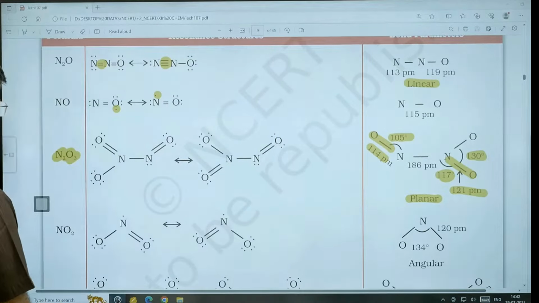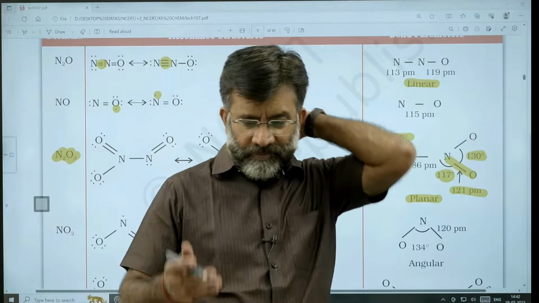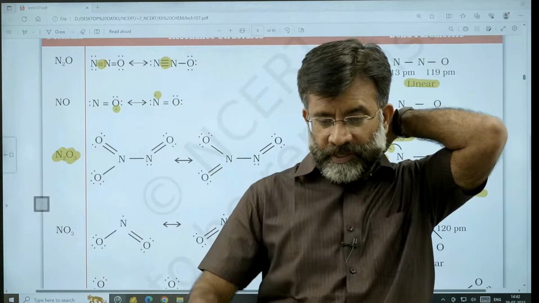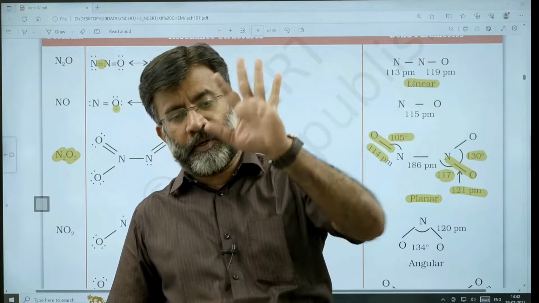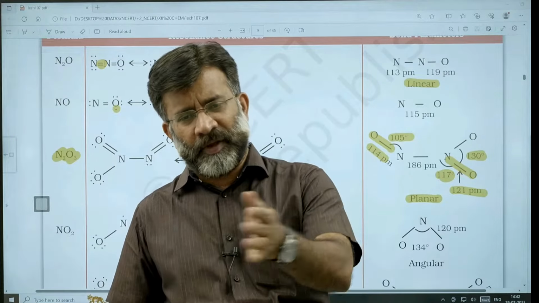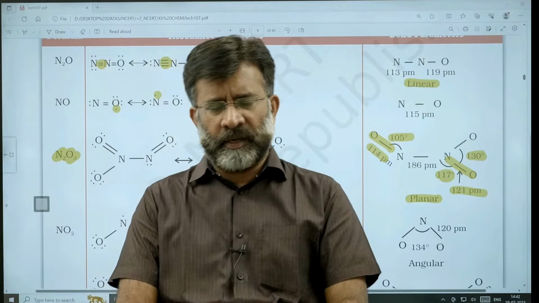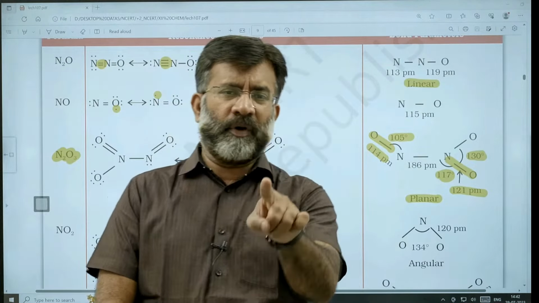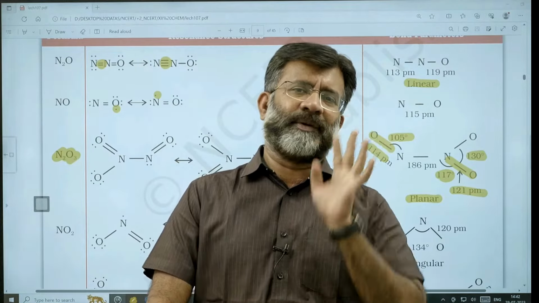Now, one another point, a couple of years back, even for IIT Advanced, one integer type question came: the number of lone pairs in N2O3. That was a JEE Advanced question some 5 years back, I believe. So you have to go through this meticulously, right?